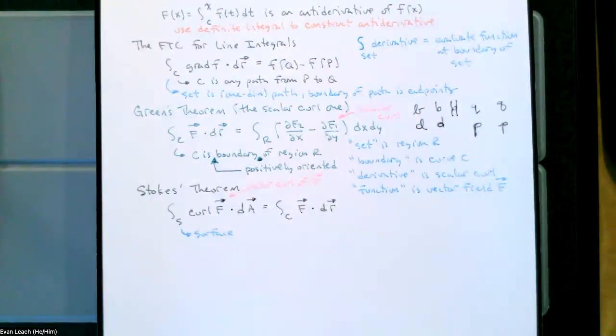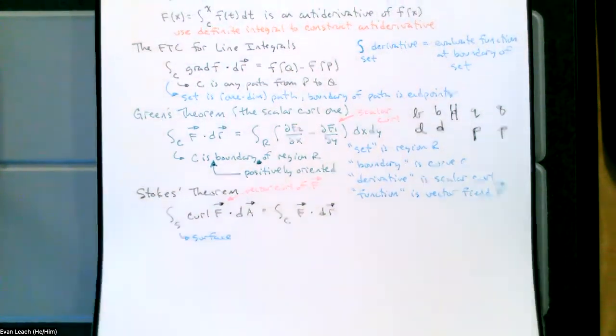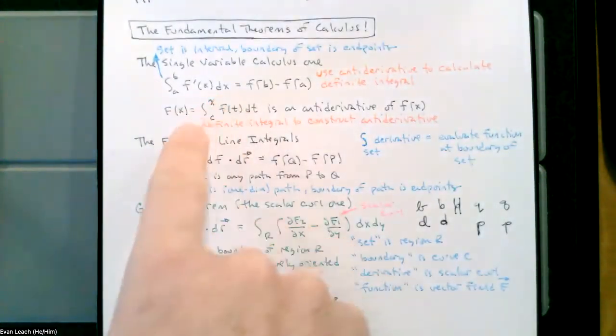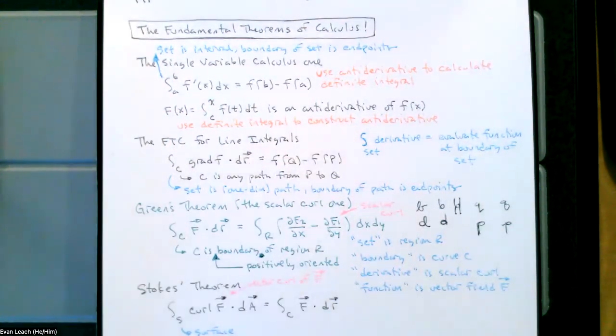I haven't told you what the vector curl of F is, but dA needs to be some part of that surface. That's how our integration notation has worked up till this point. It would be stupid to change it now to be something else in a different situation, right? So the dx is some small piece of the interval from a to b, some small delta x that we made infinitely small.